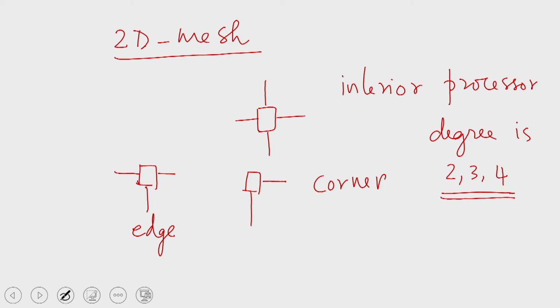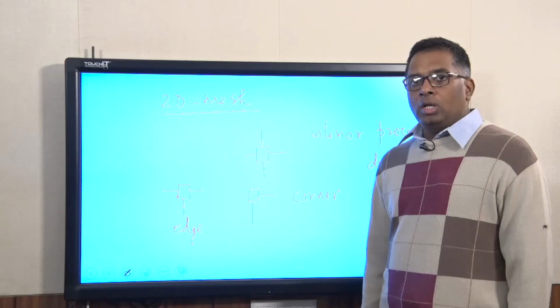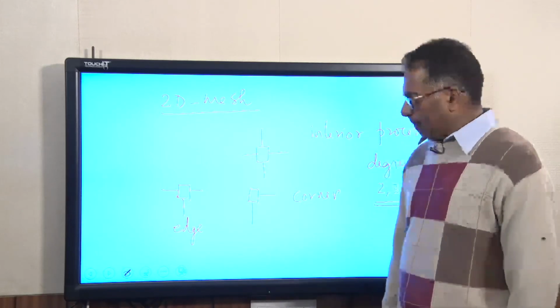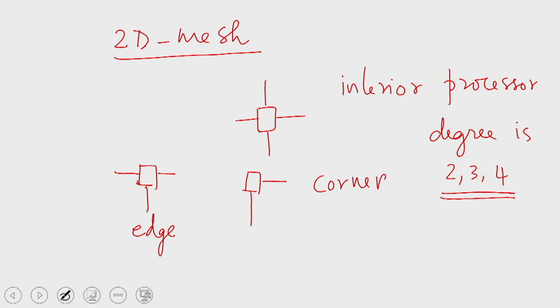What this means is that a processor is capable of communicating with only a small number of peers in every single step. Therefore, we would expect that an algorithm that runs on a 2-dimensional mesh will be considerably slower than an algorithm that runs on PRAMs.